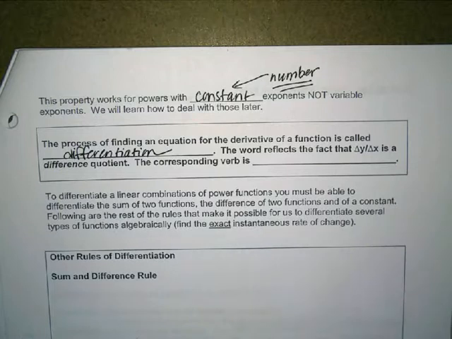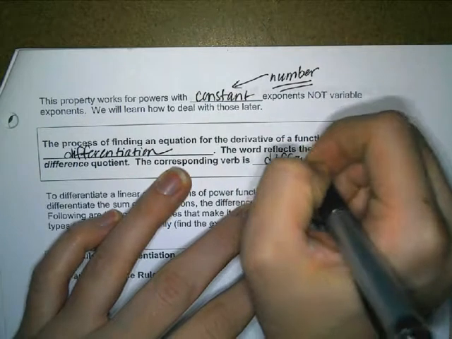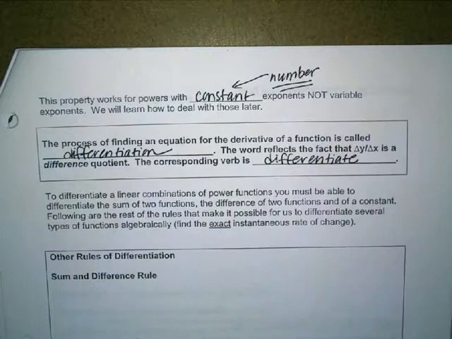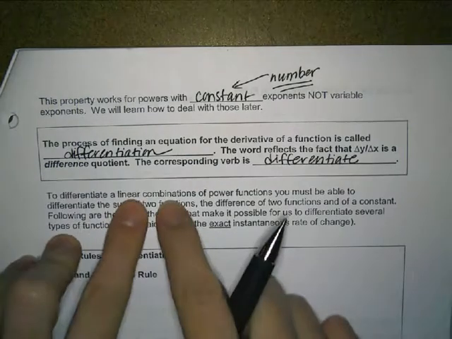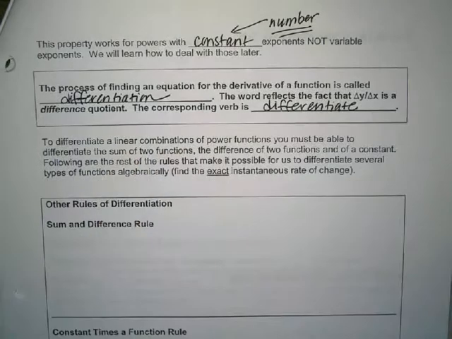The corresponding verb is differentiate. So if you hear differentiation or differentiate, it's asking you to find the derivative. To differentiate a linear combination just means you're adding and subtracting a bunch of terms of power functions. You must be able to differentiate the sum of two functions, the difference of two functions, and a constant.